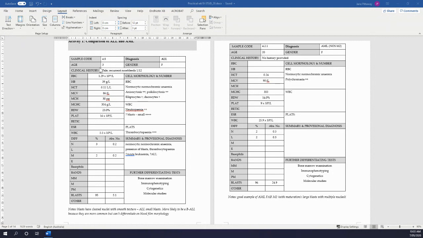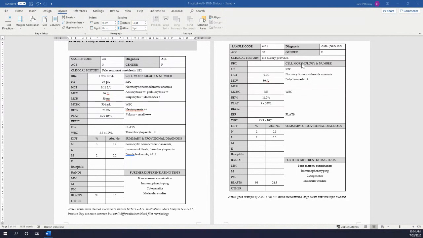The things to look for here are the clinical history, and particularly the age of the patient, because we know that particular leukemias are more common in particular age groups. With our acute myeloid leukemia, this woman is 33, and I think the median age for acute myeloid leukemias overall is actually 65, but different leukemias can be more common in younger age groups, and the M2 leukemias tend to be common in people around the age of 40.